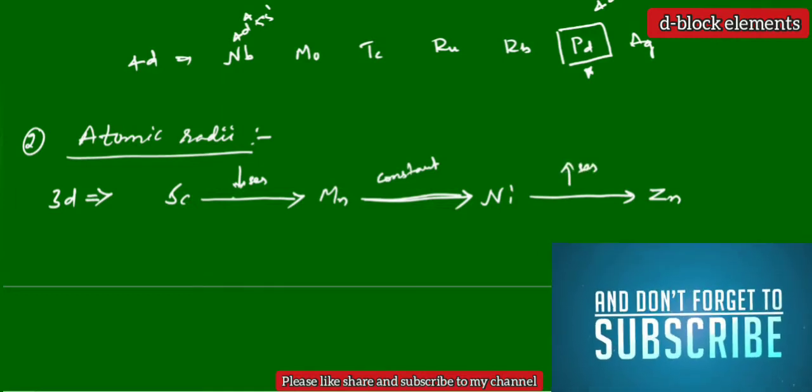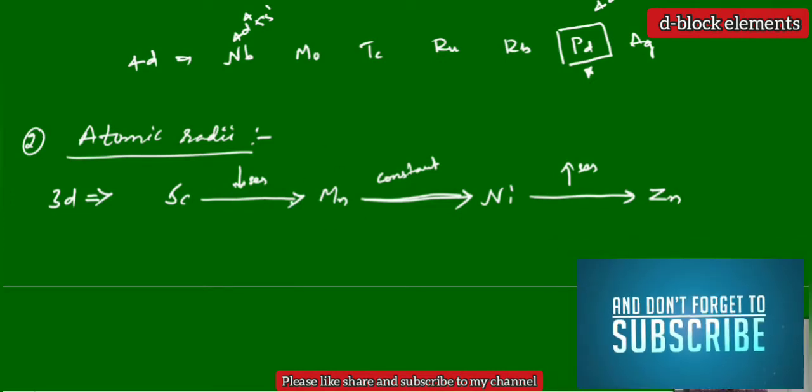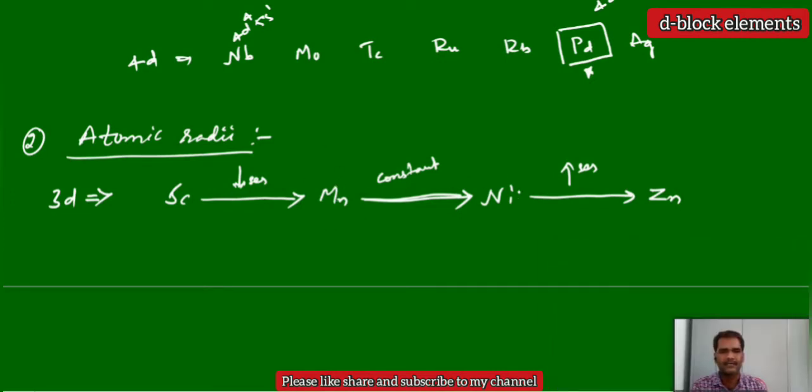So there is no regular trend. Initially it decreases up to the middle of the series, then it is constant up to nickel, and again at the end of the series the metallic radii increase.